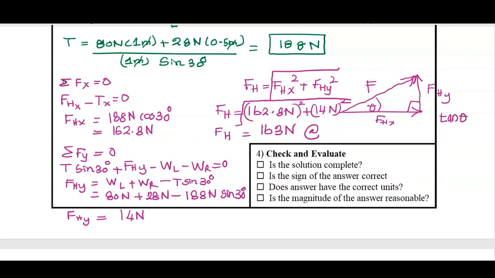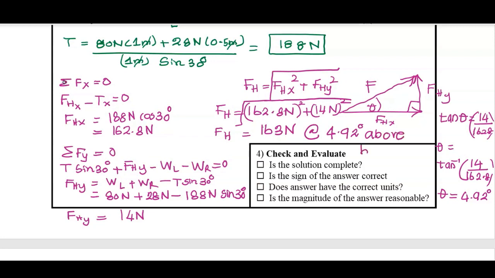We need to use tan theta. You don't have to necessarily use tan theta. You could use sine, cosine, or tan theta because now we know all three sides of our vector triangle. So theta is inverse tan, 14 divided by 162.8. And I get 4.92 degrees. I rounded it off to just three significant figures. And it's above the positive x direction, above horizontal.